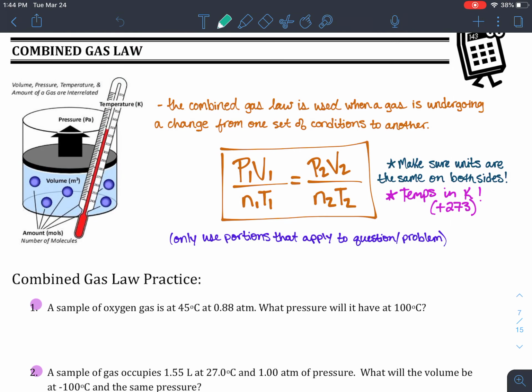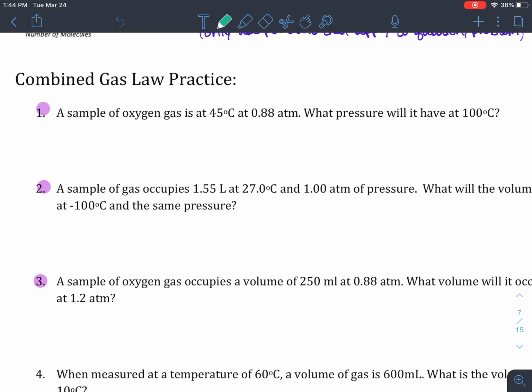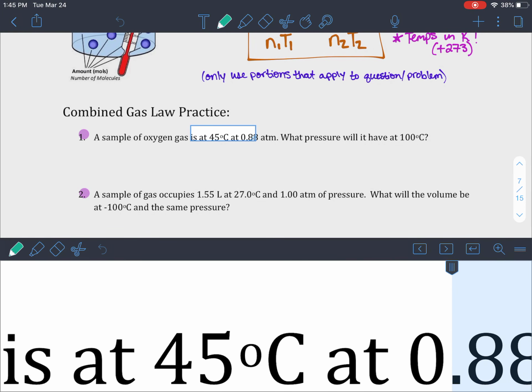We'll do green. So if you take a look at the first one here, it says a sample of oxygen gas is at 45 degrees Celsius at 0.88 atmospheres. What pressure will it have at 100 degrees Celsius? So here we are given a temperature, and we see right away it's in degrees Celsius. I need to change that to Kelvin.